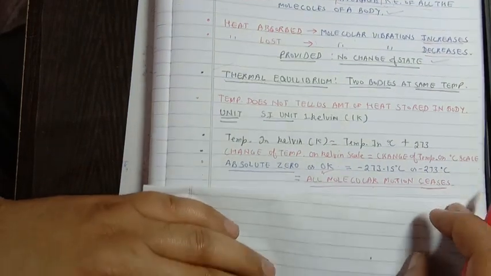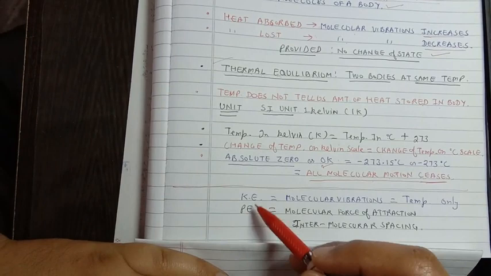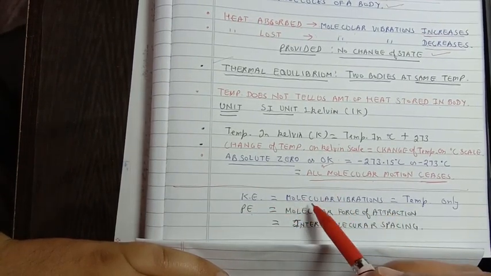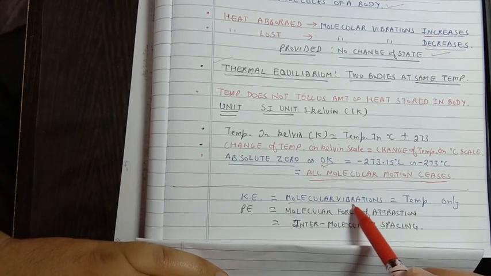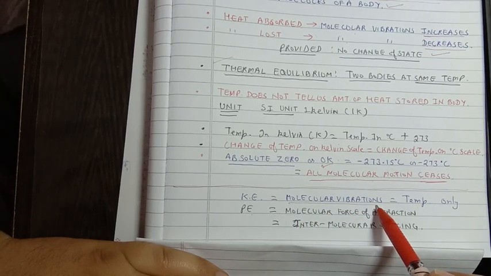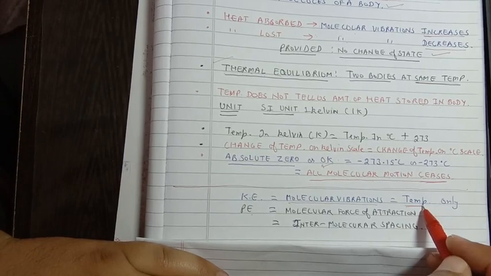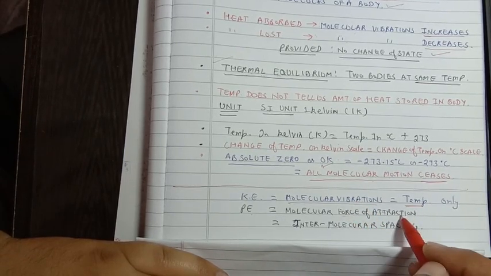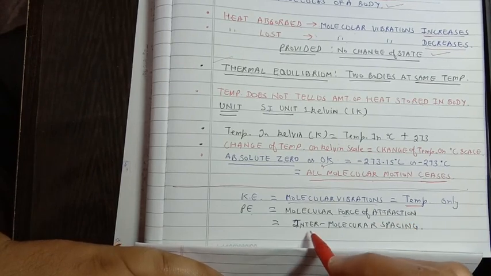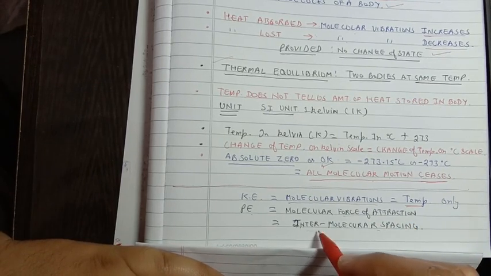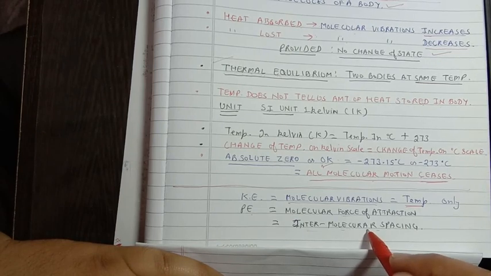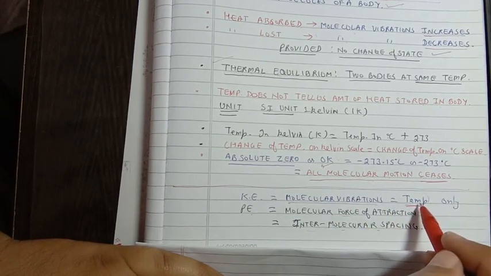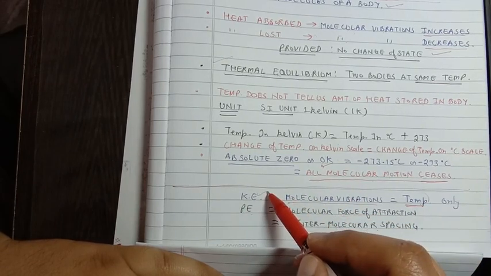One thing you have to remember at last about kinetic energy and potential energy, which will help us in the later portion of the chapter: kinetic energy arises due to molecular vibrations or molecular motion, which is affected by temperature only. Kinetic energy has nothing to do with the molecular force of attraction. So if the intermolecular spacing, the distance between the molecules or atoms, is changing, it is not going to affect the molecular vibration, the temperature, or the kinetic energy.